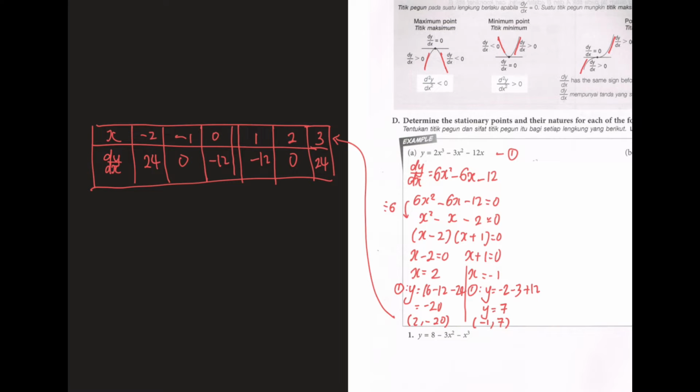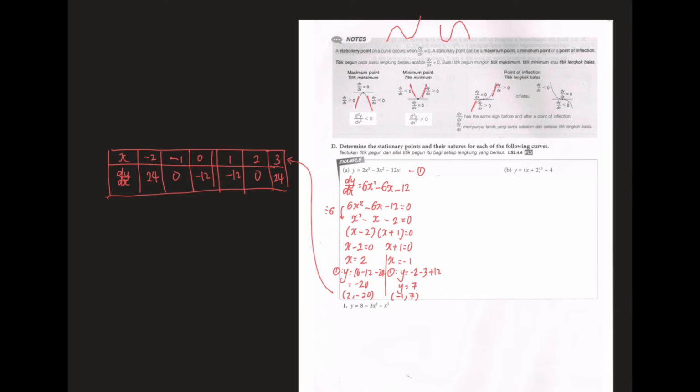So what we see here is, you look at the notes at the same time. First we have more than 0, then we have equal to 0, then less than 0.